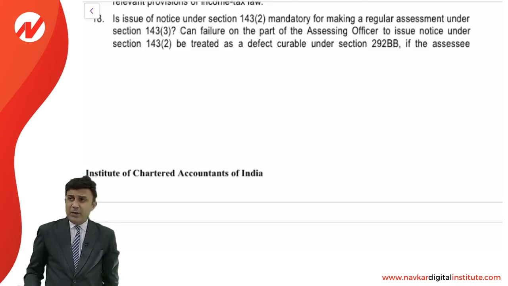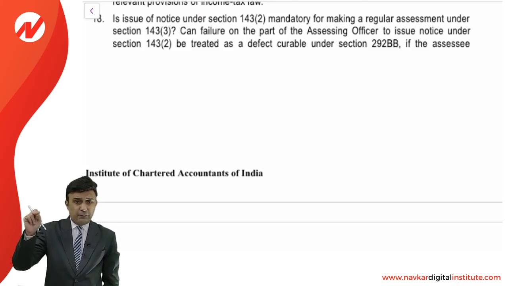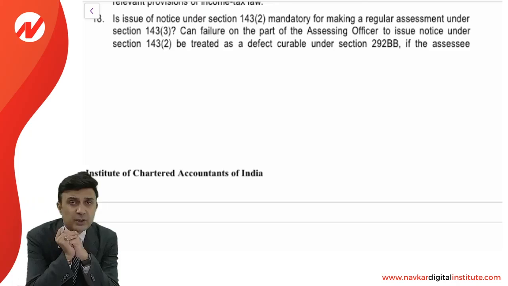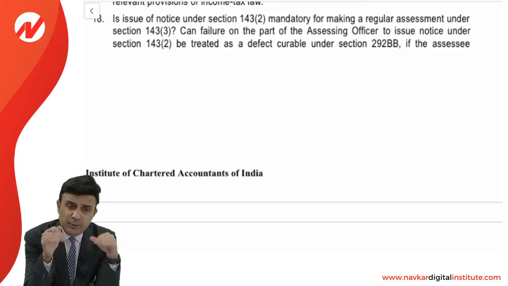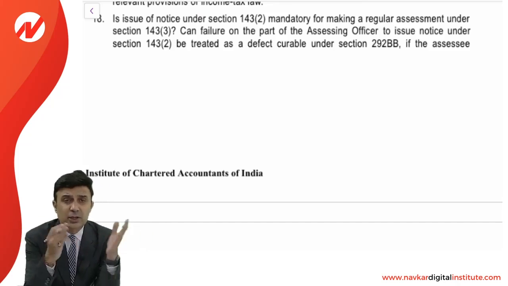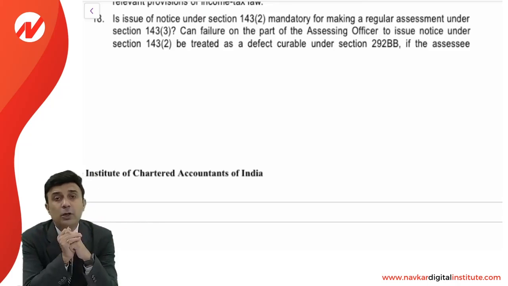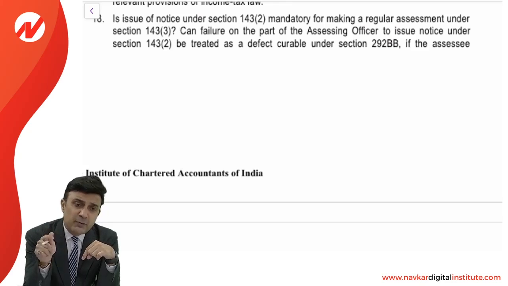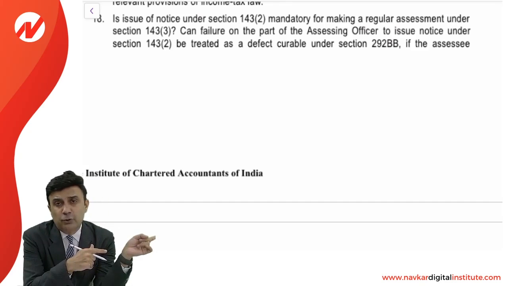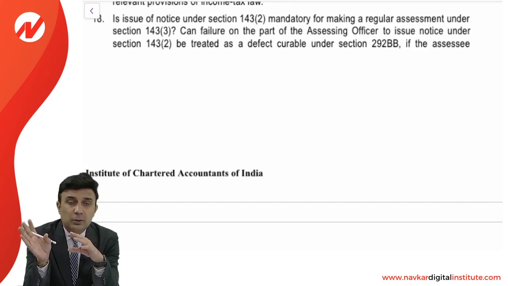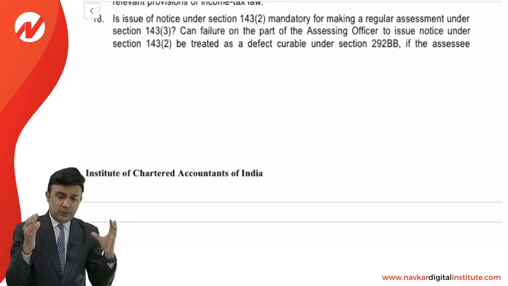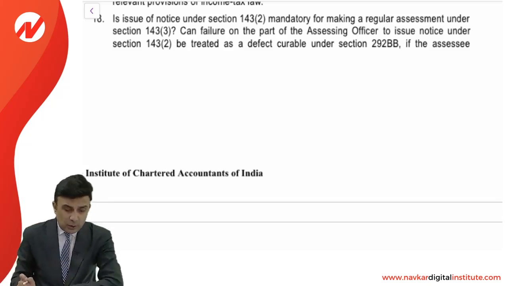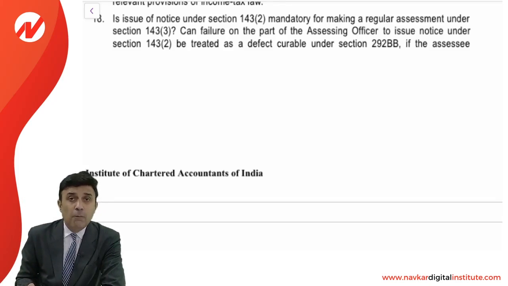Total merger means if any one or more matters are the subject matter of appeal, any other matter also cannot go to 264; that is called the doctrine of total merger. But any other matter can go to 263, 154, 147; that is called the doctrine of partial merger. Only those matters merge with the appeal, other matters can be taken up by other authorities: partial merger. Along with that matter, all other matters, the whole order merges with the appeal, that is the doctrine of total merger.